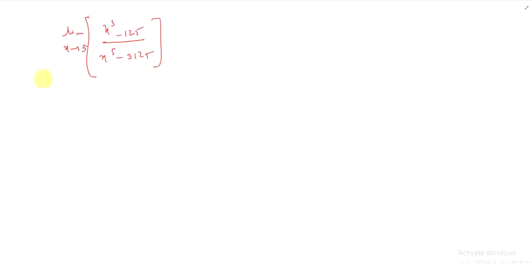Now how to evaluate this limit? To evaluate this limit, if you look at the function carefully, we do not get this factor anywhere. So how to solve it?